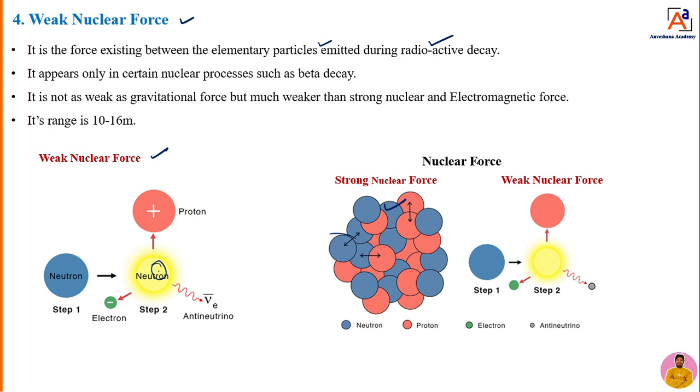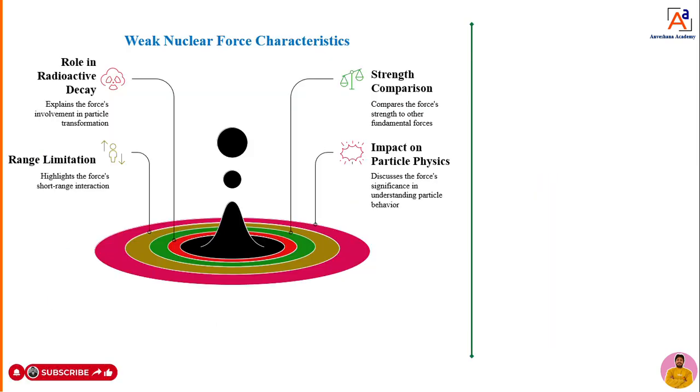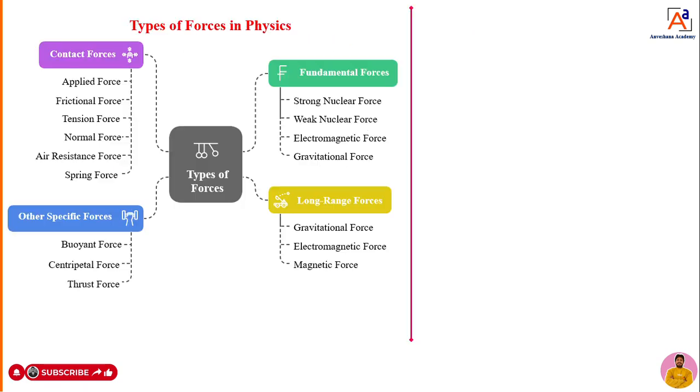When the force exists between elementary particles during the radioactive decay, a force is exerted between the two elementary particles. That force we call the weak nuclear force. What exactly the weak nuclear force is, we are going to study in detail in upcoming classes, dear students.